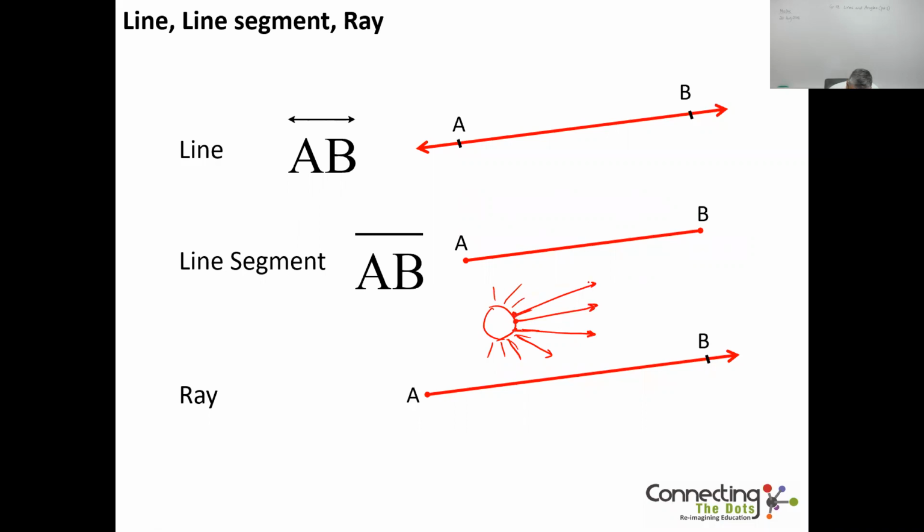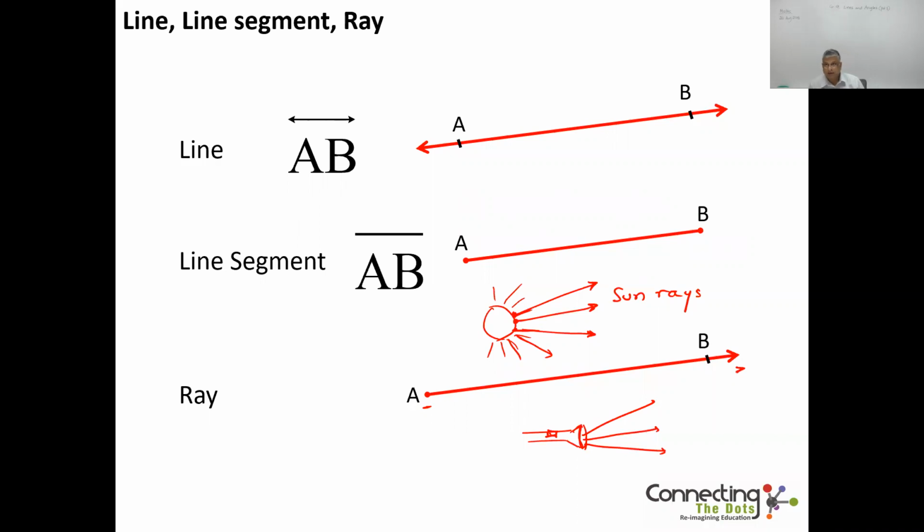So all these are called sun rays. Or if you have a torch, have you seen a torch? Correct? So light emanates out of it, starts from the bulb and goes. So these are called rays. See, one end is fixed and one end has an arrow.